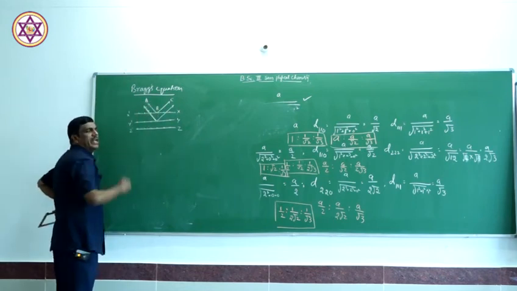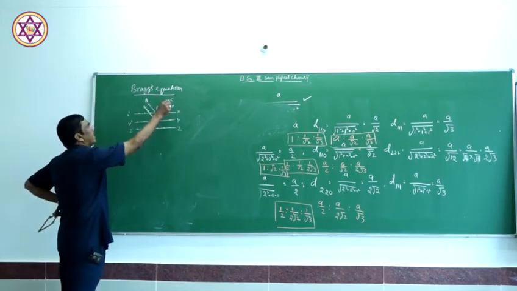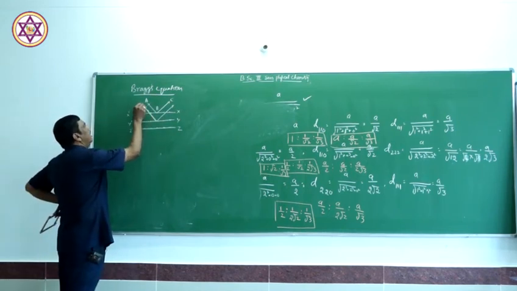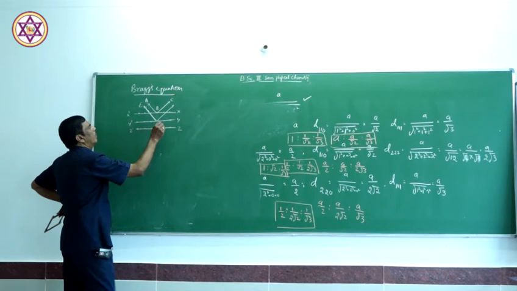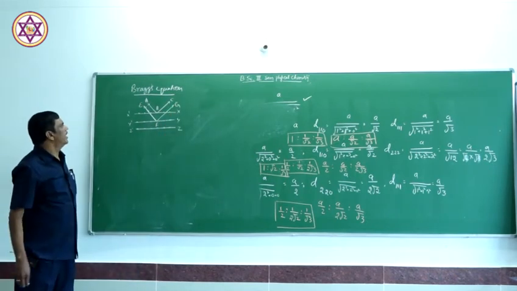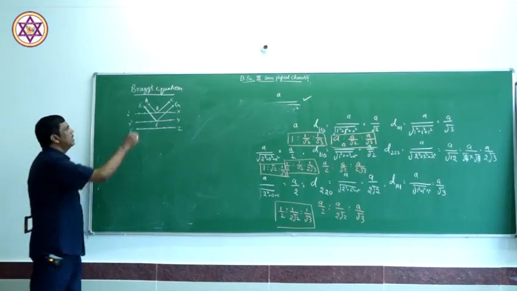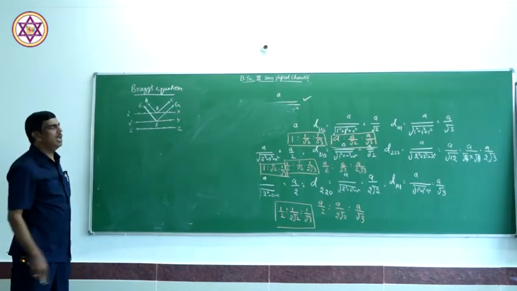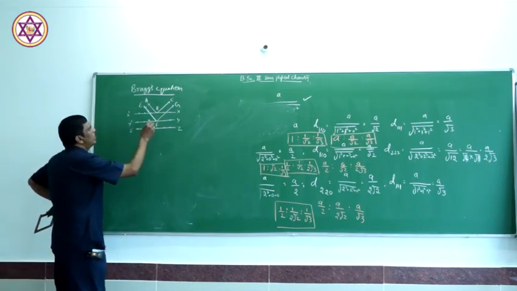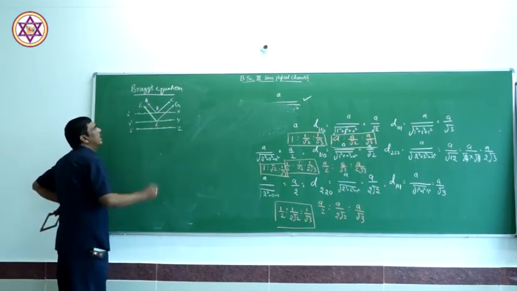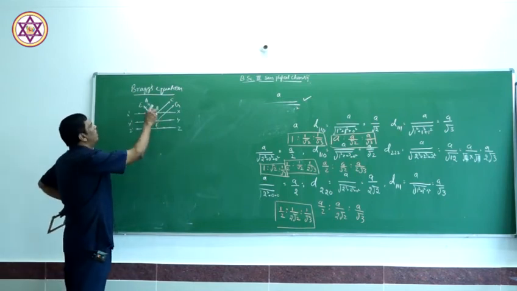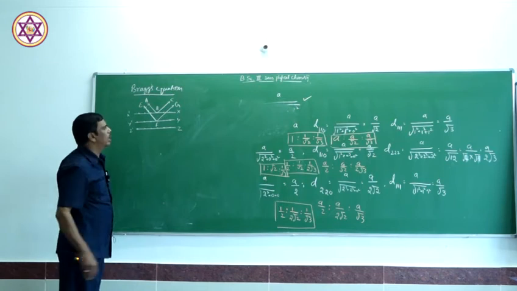AB is the incident ray, and BC is the reflected ray. EFG is another ray which passes into the crystal and is reflected at the second plane. If you see, this second ray EFG travels more distance when compared to the ray ABC.